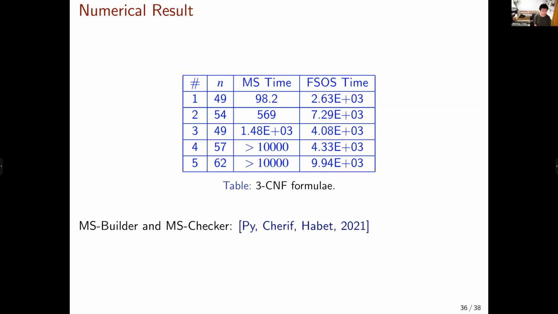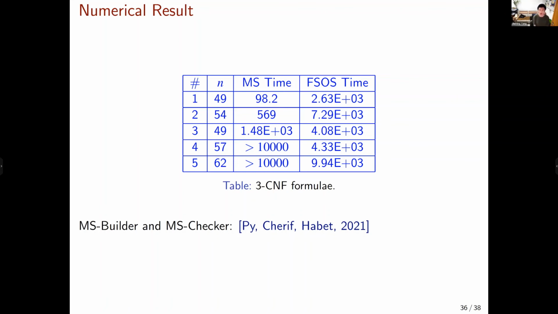We also use our algorithm to compute 3-sigma F formulas with n variables and compare our time cost with a MaxSAT proof system named MS Builder and MS Checker. We can see that for some examples, the proof systems run very fast, but for some examples, it takes a lot of time.